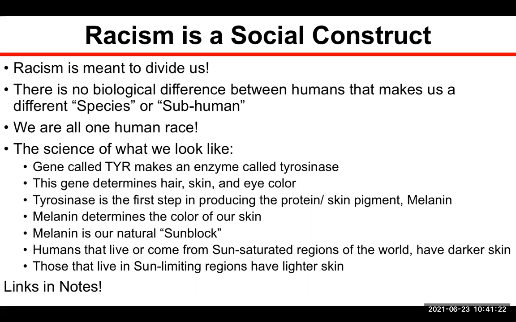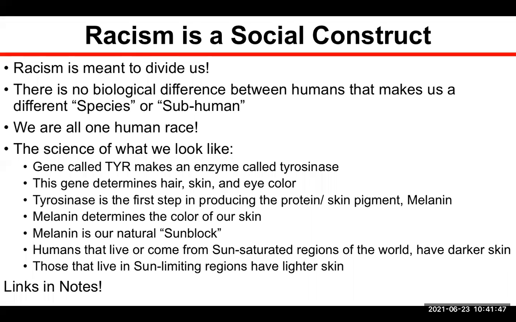And so with that, you're going to end up having darker skin. Those people that live in a sun-limiting region have lighter skin. It has to do with the whole pathway and how this gene gets upregulated and how this enzyme is produced to make more or less melanin. And it's all because of the sun.